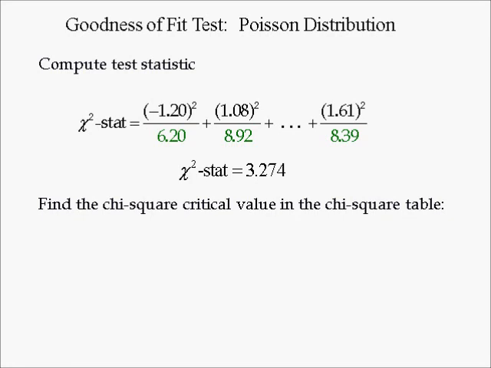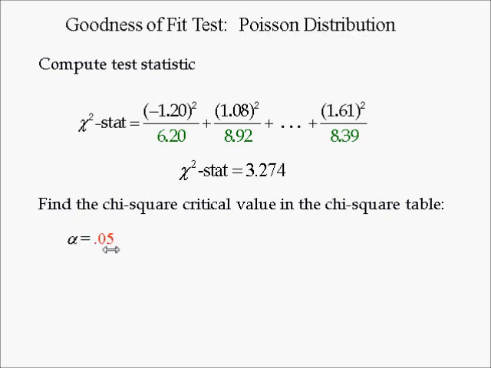To determine whether 3.274 is small or large, we have to compare it to a critical value in this chi-square table. Now, if these differences are very, very small, that means what we observe is really close to what we expect. So the smaller the chi-square stat is, the more evidence in support of the Poisson distribution.